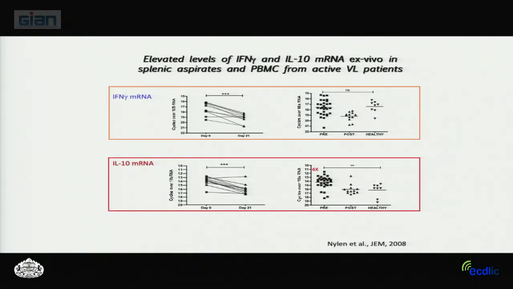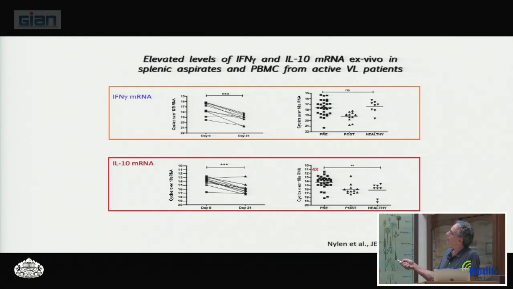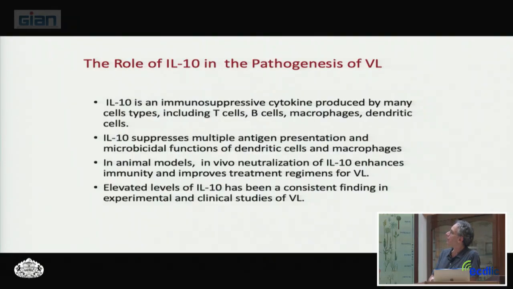So we're going to start to discuss a lot of data that has been generated at BHU regarding IL-10. So in addition to interferon gamma message being elevated in splenic aspirate cells, IL-10 message was also elevated, comparing in the same individual day 0 to day 21 post-treatment, and comparing as a cohort these active cases to post-treatment and healthy individuals. Okay, so they have IL-10 message.